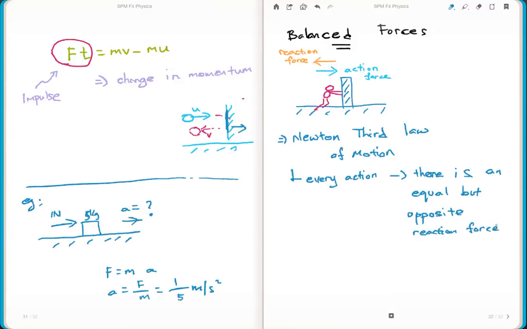That's the law. You push it in, then it's going to come back to you. And this is also what you will see from the impulse, rate of change of momentum. It's related. Okay, then if you know about balanced force, then how about unbalanced force?